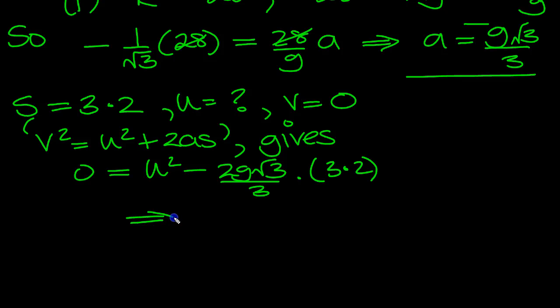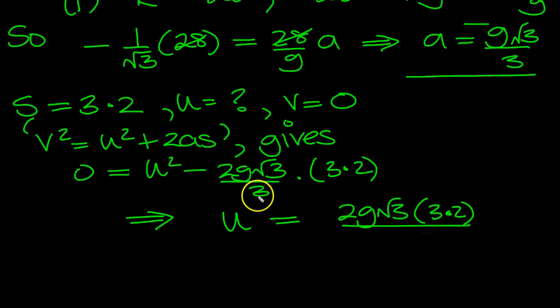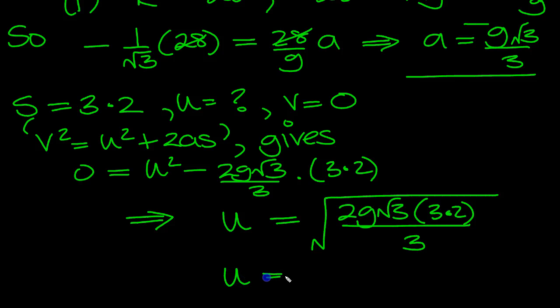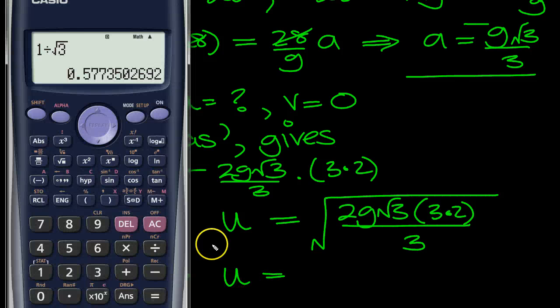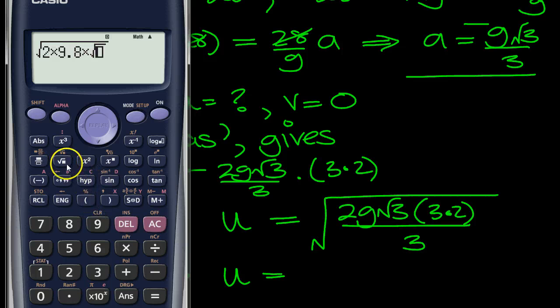So now we can work out u. So u squared is equal to, moving all this over the other side, 2g root 3 times 3.2 over the 3. It's u squared at the moment, so if we square root we get u. So u is equal to the square root of 2 times 9.8 times root 3, outside the square root, times 3.2, divided by 3.